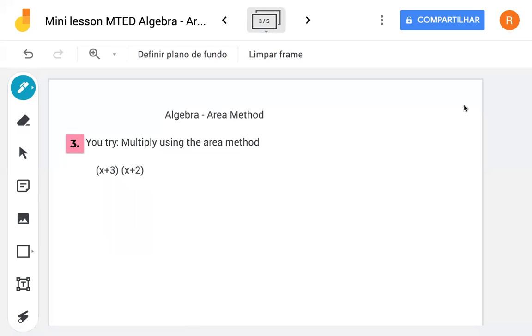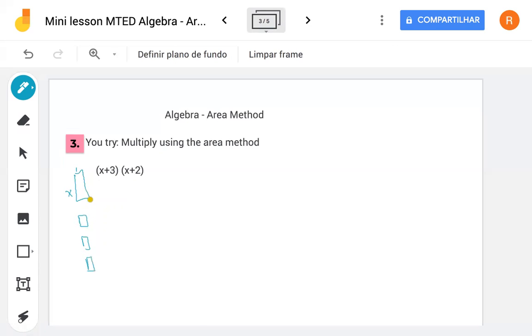Okay, hopefully you got the right answer. If you didn't, I will show you how to solve it. As we did in the last problem, here we can represent x, the little box here, the length equal to x, the width 1, and you can represent one box here, another one, another one.